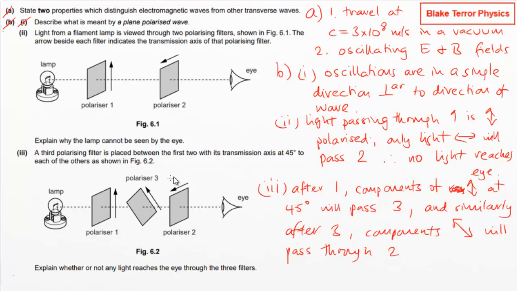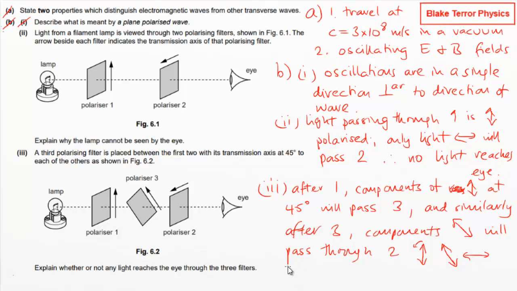So we're now getting this chain. You could even draw these things out, going from having that to then having that to then having that. That is allowed, that you can rotate by up to 90 degrees in order to get some components passing through each filter.